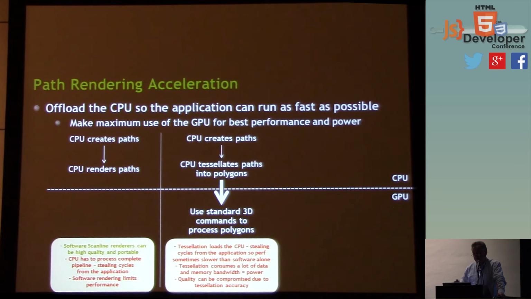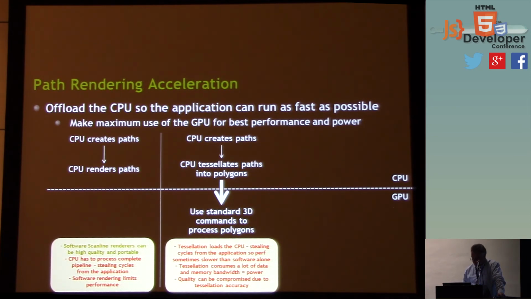There have been several attempts from NVIDIA and others in the past to turn the vector paths, the Bezier curves, etc., into polygons and send a bucket load of polygons down to the GPU. This actually turned out, to everyone's surprise, not to be that effective because you're still loading the CPU to do the tessellation.